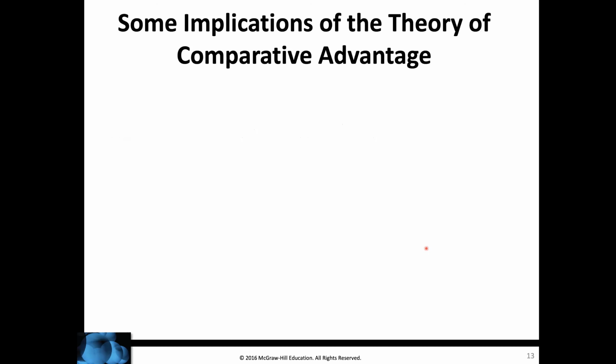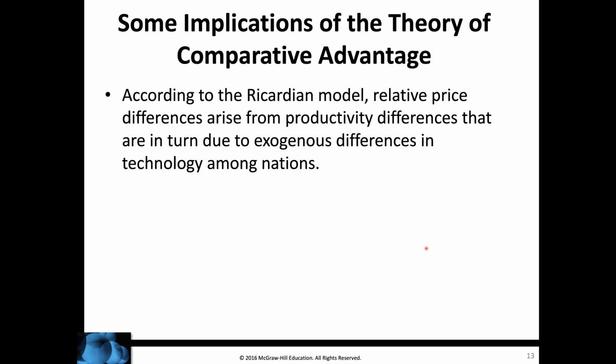So here are some implications of the theory of comparative advantage. According to the Ricardian model, relative price differences arise from productivity differences that are in turn due to exogenous differences in technology among nations. The word exogenous just means that it affected one nation and not the other, so they're not equally affected.